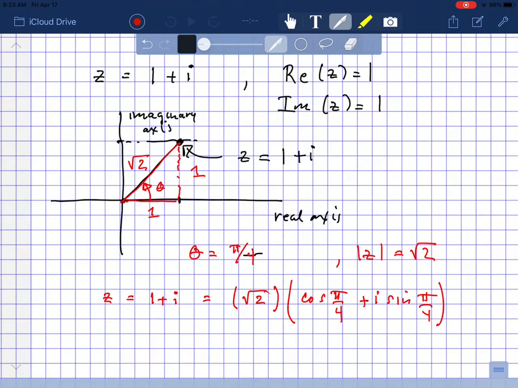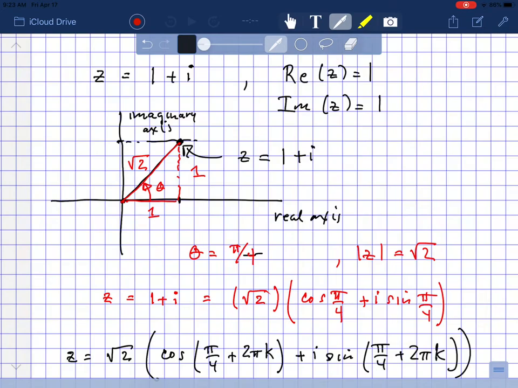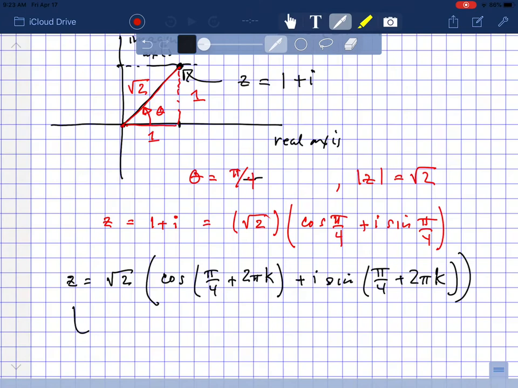Okay, because what I can do is write z is equal to the square root of 2 times the cosine of pi over 4 plus any integer multiple of 2 pi, and then plus I times the sine of pi over 4 plus any integer multiple of 2 pi. So the polar representation of a complex number is not unique.